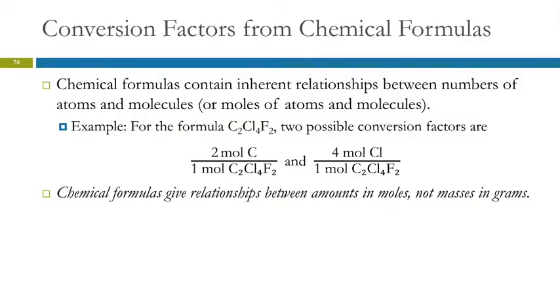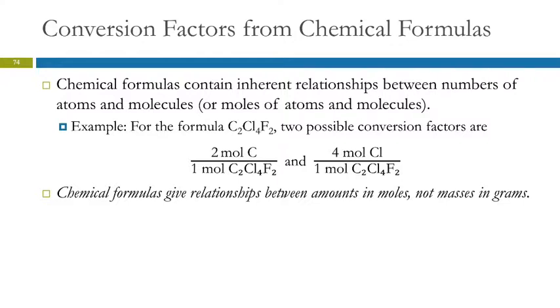We can also get conversion factors from chemical formulas. This is what we more commonly end up doing. The chemical formula has the inherent relationships between numbers of atoms and molecules, or numbers of moles of atoms, numbers of moles of molecules.